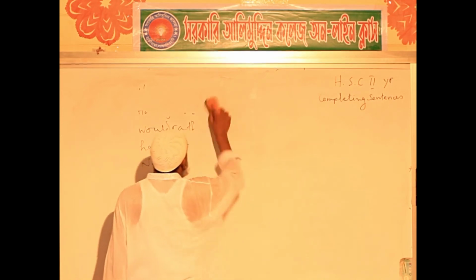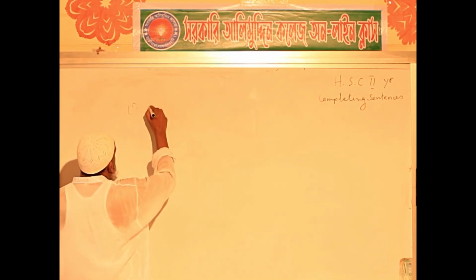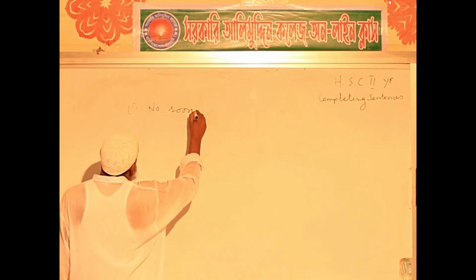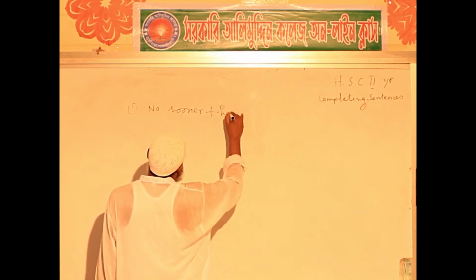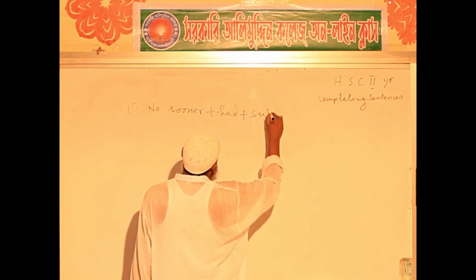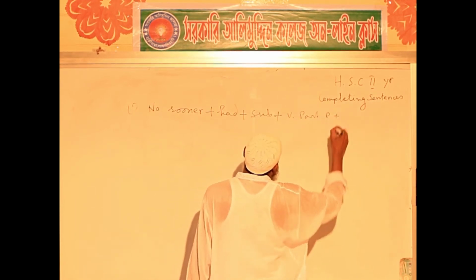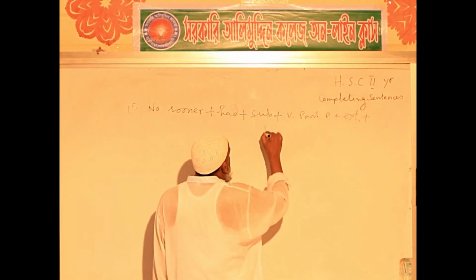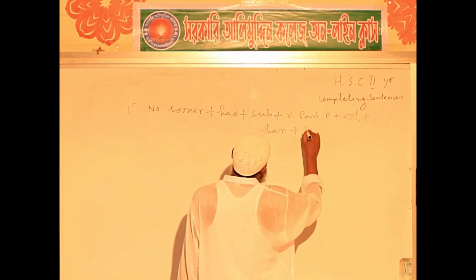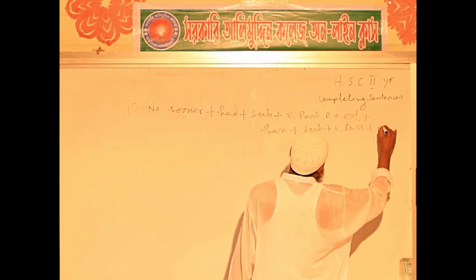For example, in completing sentences, if you get such a sentence starting with no sooner, then you have to follow this structure: no sooner plus had plus subject plus verb past participle plus extension may have or may not have plus then plus subject plus verb past form plus extension may have or may not have.